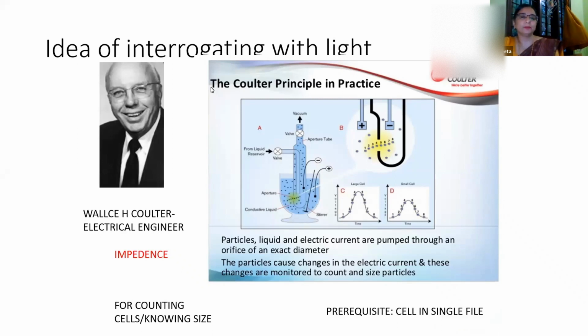And the moment the cell passes through the hole, there is a change in voltage which is recorded as a pulse. And this pulse is then summated and made into a complete histogram to give us the information of the complete cell population, the complete cell count.